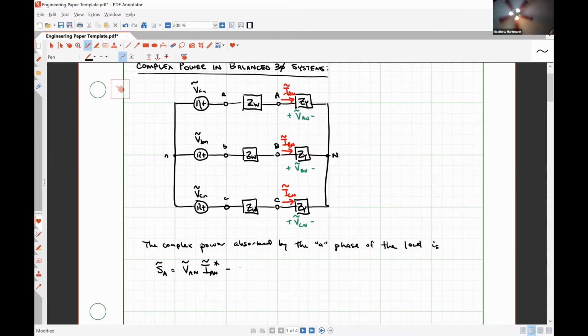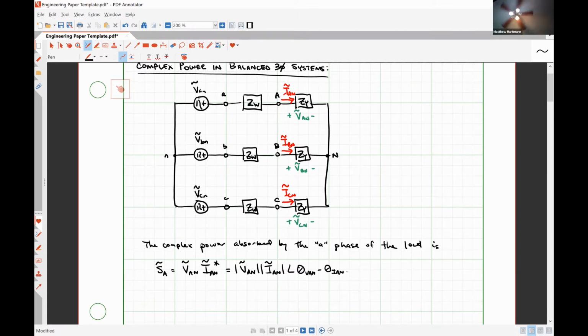And I'm going to rewrite this as the magnitude of VAN times the magnitude of IAN with an angle of theta VAN minus theta IAN, right? When I multiply those two polar complex numbers together, it's just the product of their magnitudes with an angle that's a difference.